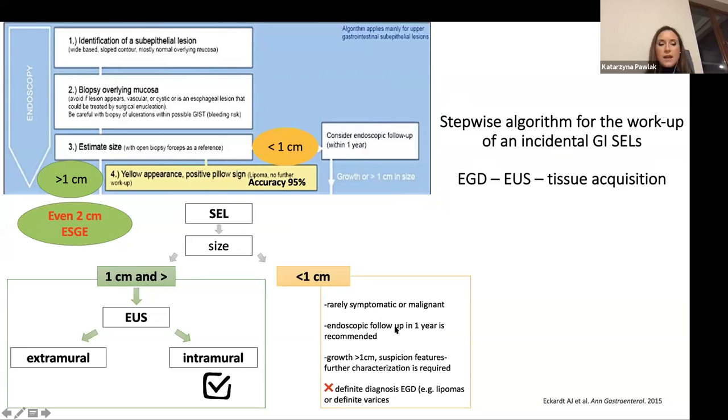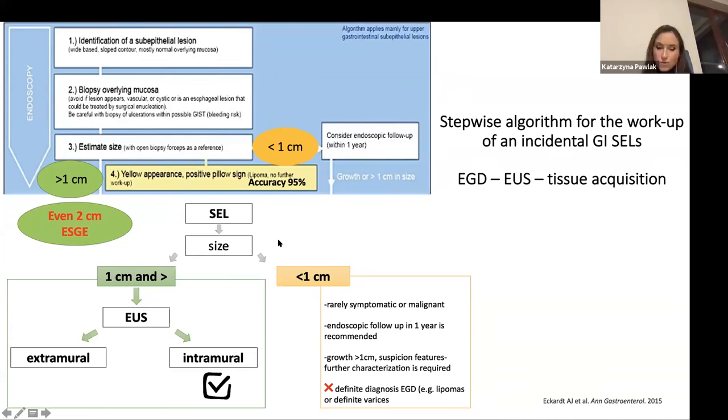So endoscopic follow-up in 1 year is recommended. Also, ESGE recommends this for lesions up to 2 centimeters. And when you see during follow-up that the lesion is growing or has some suspicious features, you should refer this lesion for further characterization with EUS examination.